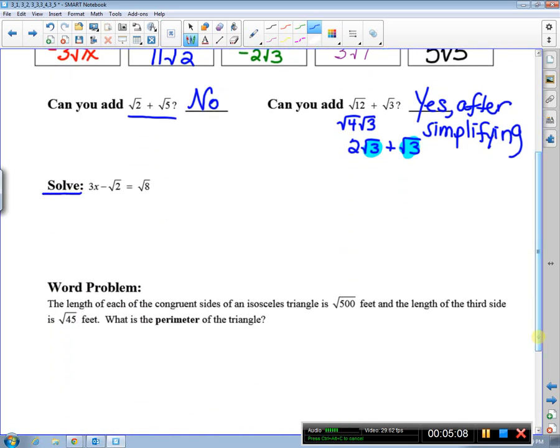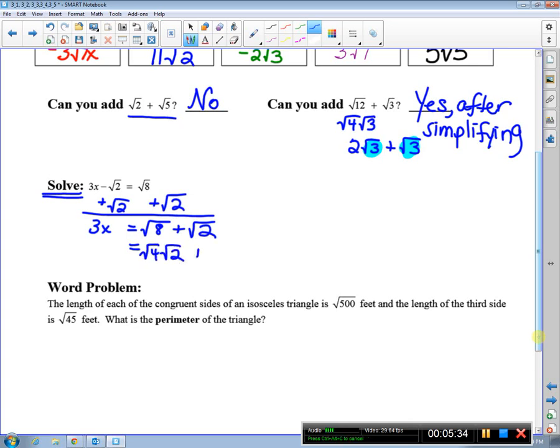Problem that says solve. So we're going to find the value for x. I'm going to add the square root of 2 over to get my 3x term alone. And then I'm going to divide by 3, but first I want to take care of the square root of 8. Square root of 8 is square root of 4 square root of 2, which you might already realize is 2 radical 2.